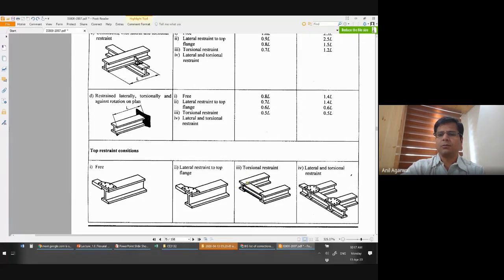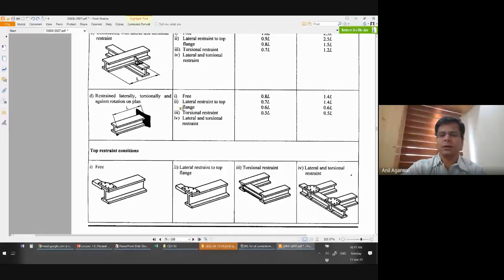That means both the top flange and the bottom flange are effectively connected between the subsequent beams, right? And lateral and torsional restraint: in this way, these braces are continuing beyond. That means they are providing restraint against lateral movement also, so it is not only restraining the torsion of the beam, but also the lateral movement. So these are the four boundary conditions available for the free end.